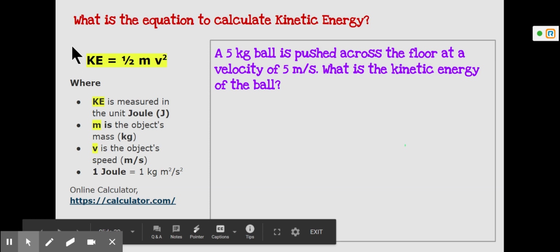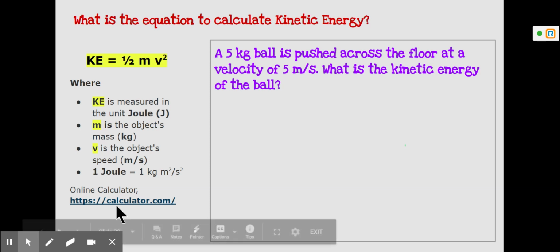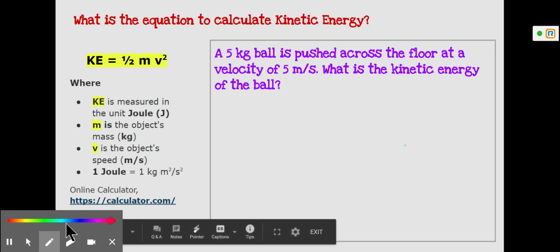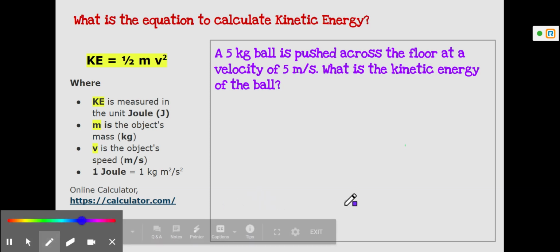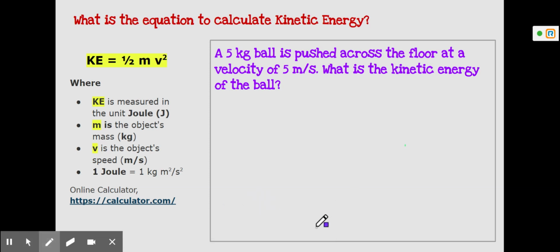Here we have a 5-kilogram ball that is pushed across the floor with a velocity of 5 meters per second. What is the kinetic energy of the ball? So the ball is moving rapidly across the floor, and the ball has a mass of 5 kilograms, and the speed that it moves at is 5 meters per second.